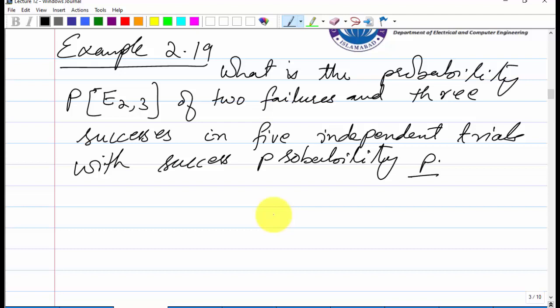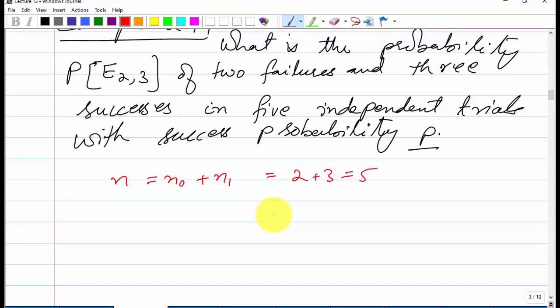So how can we find it? Here we know that n is equal to n naught plus n1, which is 2 plus 3, which is 5. So we have a total of 5 trials. We can write it as E 2,3, where this is the failures, n naught, and this is the successes, n1.